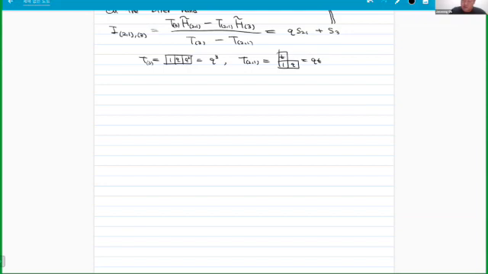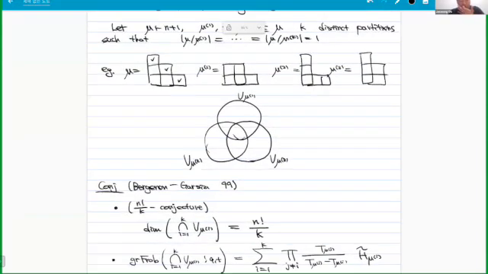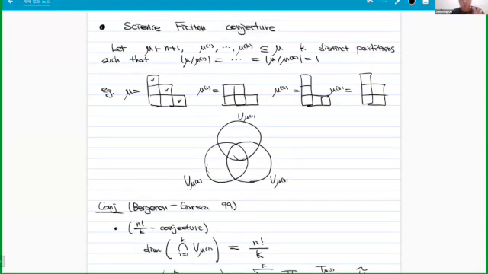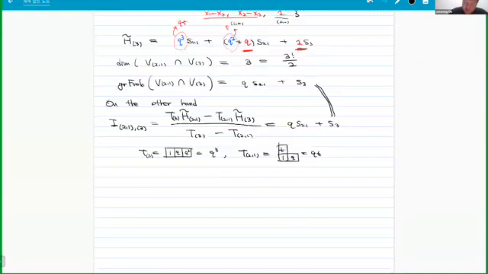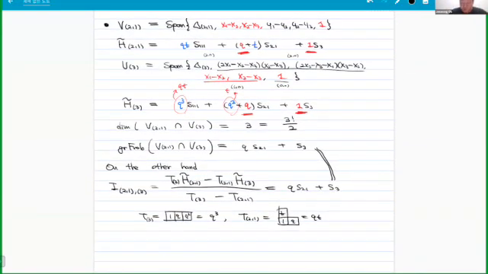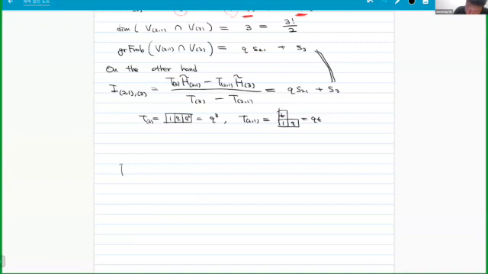As I said, the science fiction conjecture concerns two partitions, where one of them can be obtained by moving a cell from the other one. So from a one row partition, we can move a cell to obtain this one.